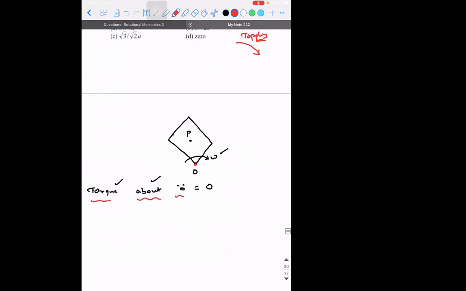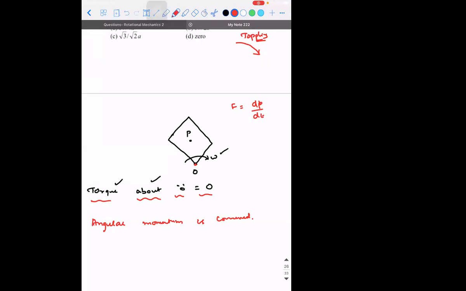So when that is happening, observe: when the torque about an axis of rotation is 0, can I conclude that the angular momentum is conserved? Why? We know that force is equal to dp by dt. If I ask you to state conservation of linear momentum, what will you say?